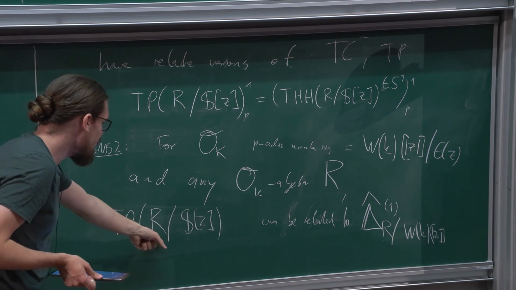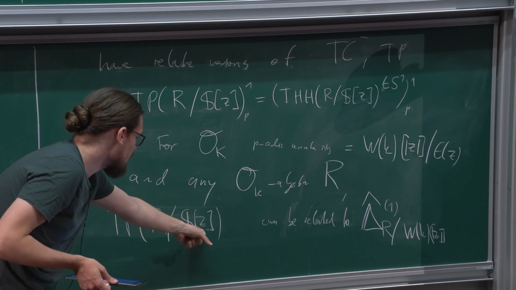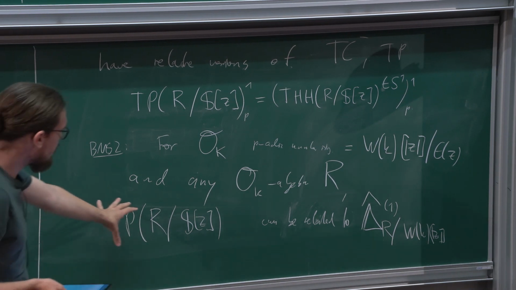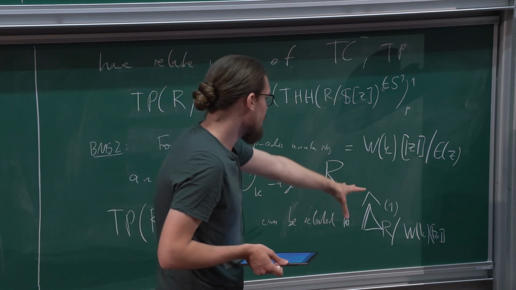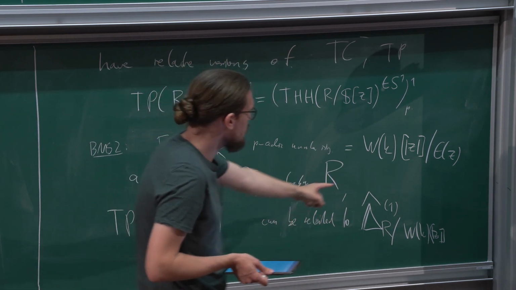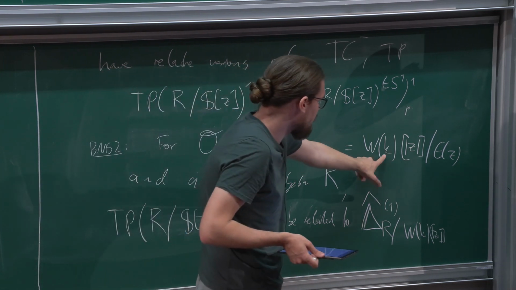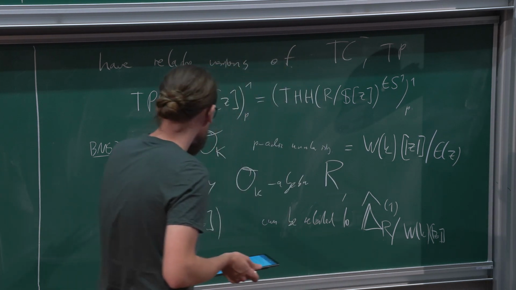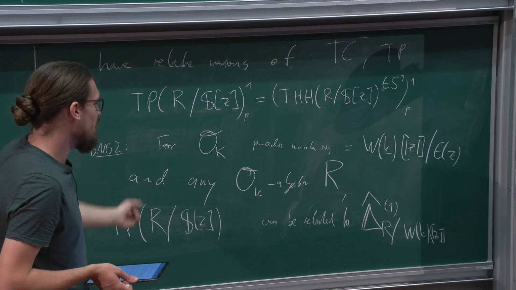You can plug in any ring with any choice of element here, and you get a map from S adjoin Z that takes Z to that element, and you can look at relative TP. So this side here exists in much greater generality than the right-hand side. The right-hand side is somehow prejudiced on a choice of Eisenstein polynomial, and also on the choice of finite field k.